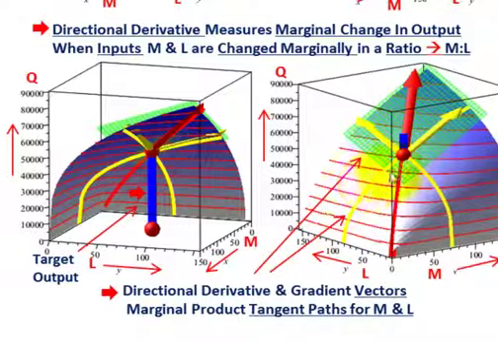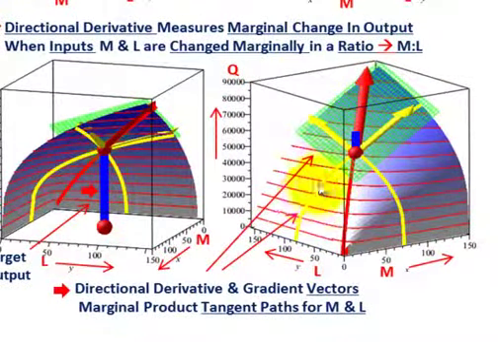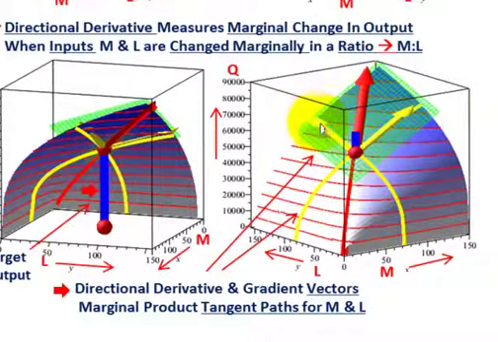These yellow paths that I'm showing here are our tangent paths for our marginal labor and material. Labor would be shown over here, and material shown here, at a certain targeted output that we're going to be looking at. And then we get up to the point where we have our targeted output. This is where we're going to be looking at our directional derivative. This red arrow showing up here is really split between the portion for labor, moving out here, and the portion for our material.